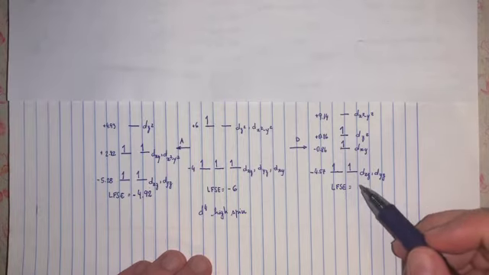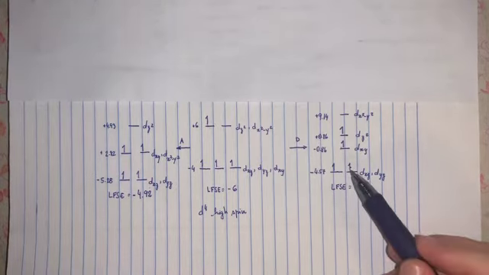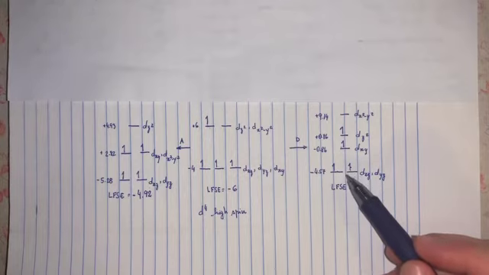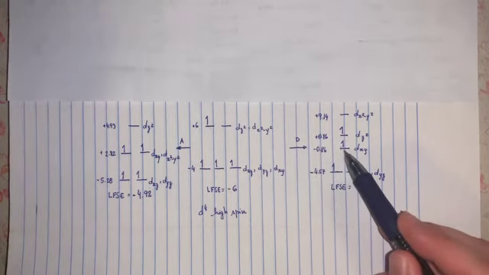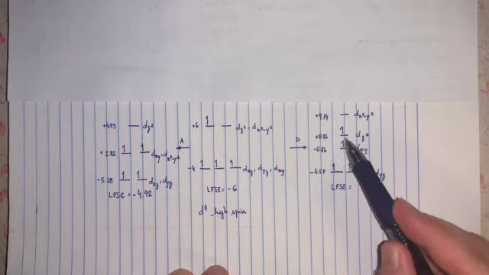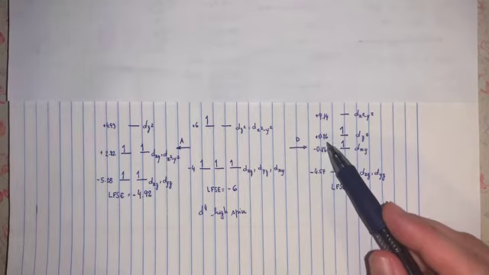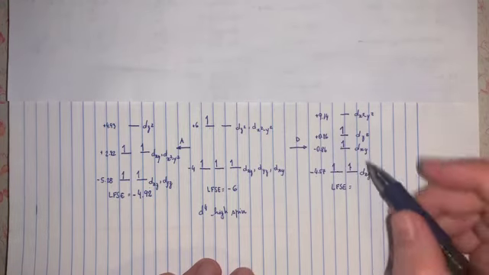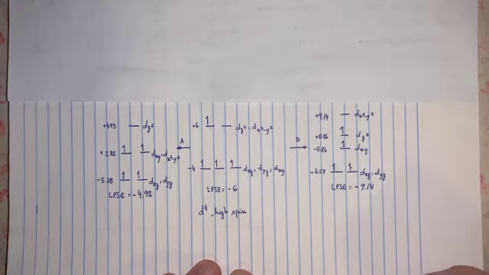Okay, and we do the same thing here. 1, 2 electrons being stabilized by a factor of 4.57, and 1 electron being stabilized by a factor of 0.86, and 1 electron destabilizing the system by a factor of 0.86. That's going to give a ligand field stabilization energy of 9.14.